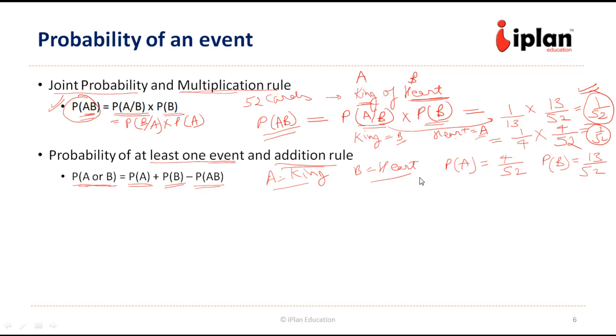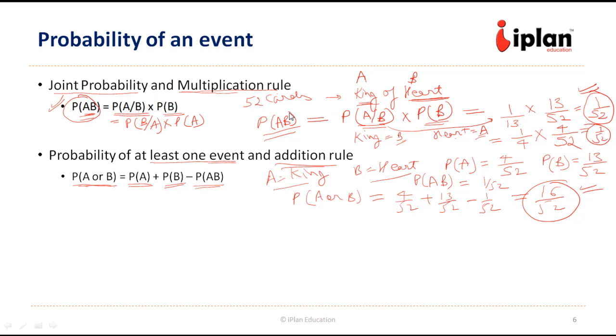Now we have already calculated P(A and B), the joint probability, which is 1 by 52. So the probability of a card being a king or a heart is 4 by 52 plus 13 by 52 minus 1 by 52. So it is going to be 16 by 52.